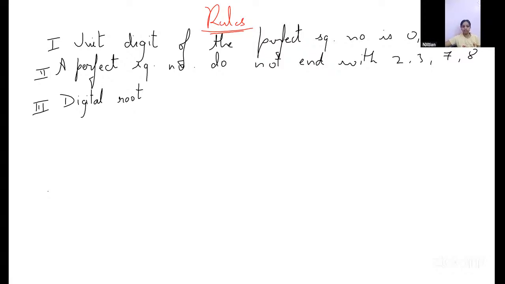Ma'am, my question is, are these rules that have come from Vedic math or did they originate from normal math? Okay, so Abraham, I think they have originated from normal maths, but are applicable in Vedic maths.